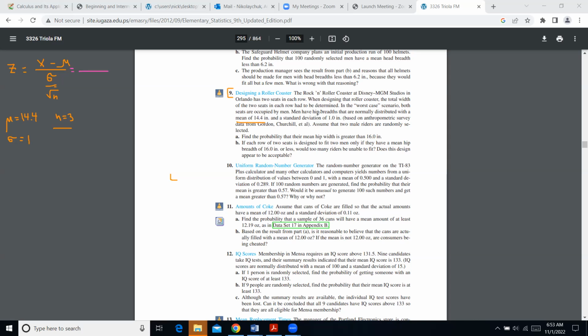And again, x was the same, it was 16, right? So 16 we put in for letter x, then population mean mu is equal to 14.4. And standard deviation of 1 is divided by square root extracted from number 3.